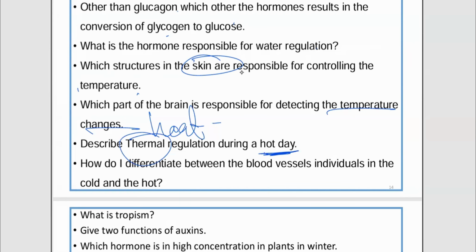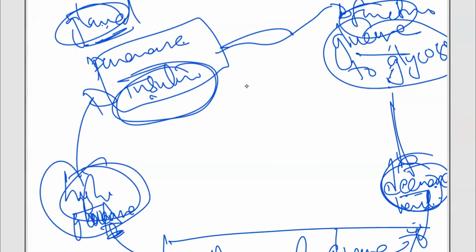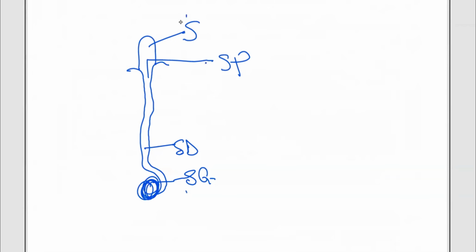In the body, we have the sweat gland, which is supposed to produce sweat. It's called the sweat gland, the sweat duct, the sweat pore, and they produce what you call sweat.